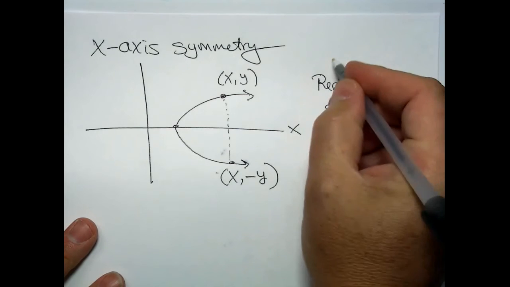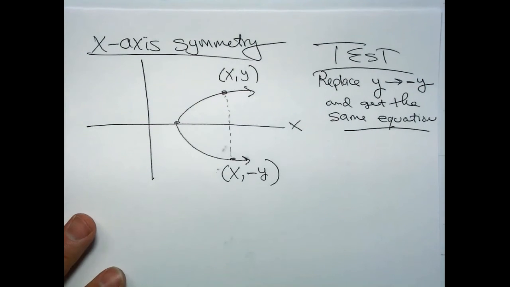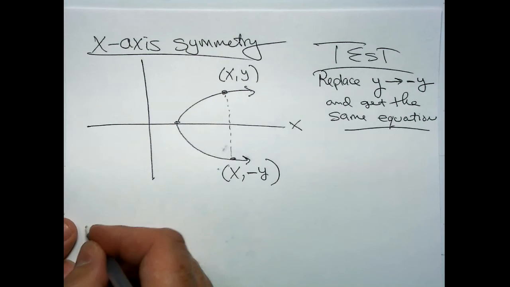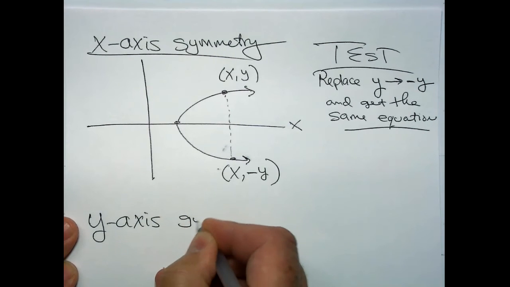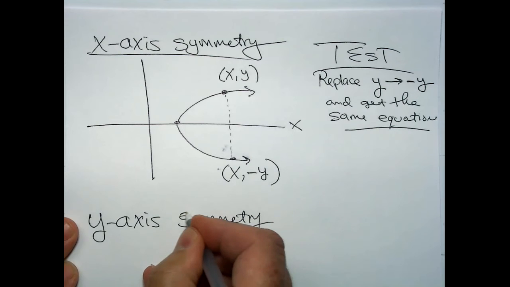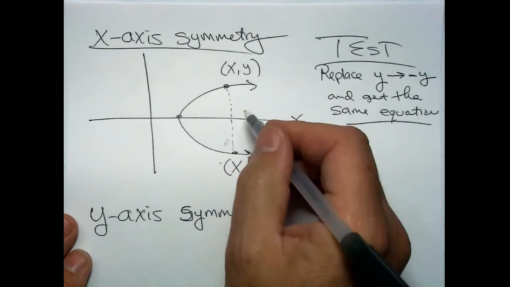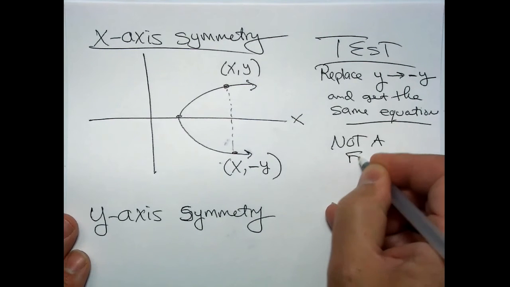So that's the test. And we'll definitely look at some of these equations to see that test in play. The other axis that we look at is the y-axis. Y-axis symmetry, okay? Now, let's go back to this one for a second, because this fails the vertical line test, so this is not even a function. Just keep that in mind.